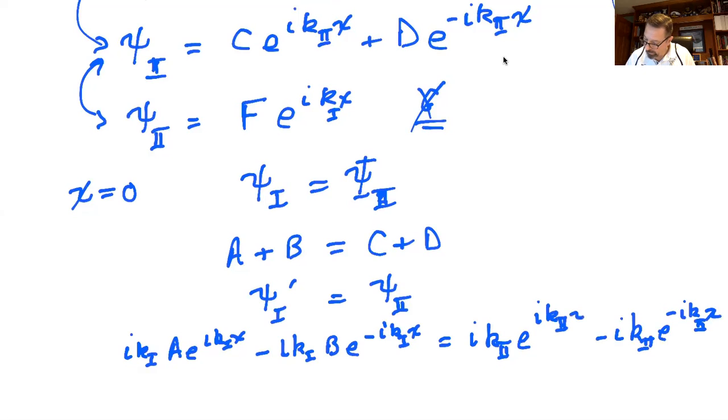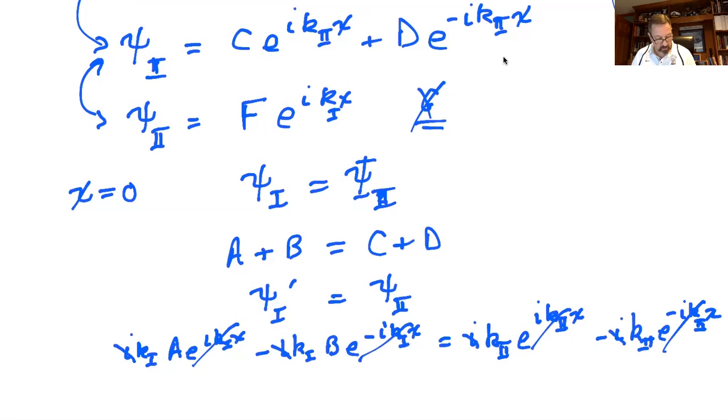ik2 x. And those things have to be equal at x equal to 0. Well, x equal to 0 makes that go away, because that's just 1, just 1, just 1, just 1. And so I think I could cancel those i's too, can't I? The i cancels, the i cancels, the i cancels, the i cancels.